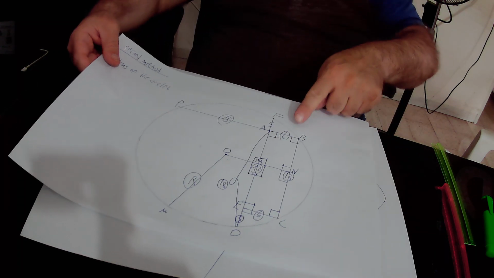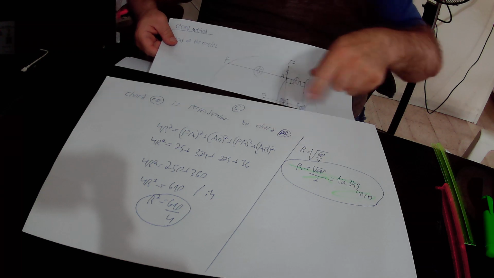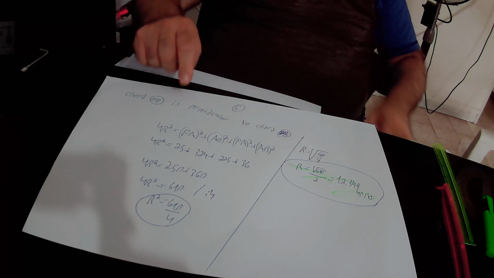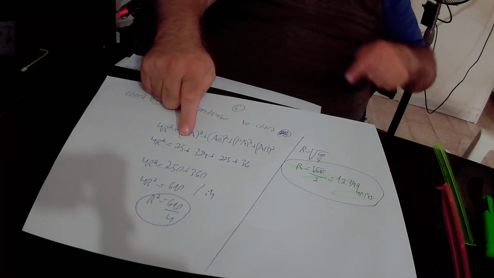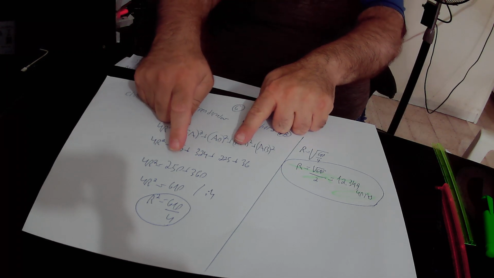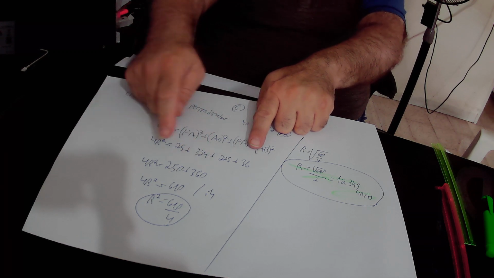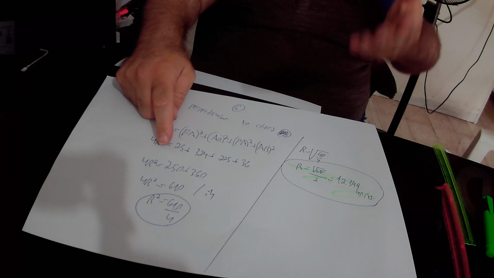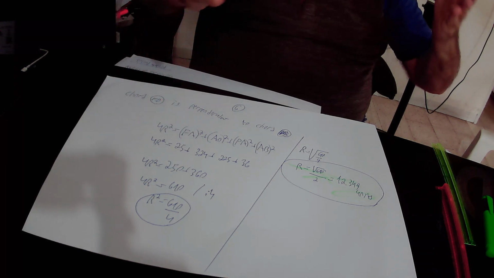AB equals 6 units, so AB squared is 6 squared, that is 36. In conclusion, 4R squared equals 25 plus 225 is 250, and 324 plus 36 is 360. So 4R squared equals 250 plus 360, that is 610.